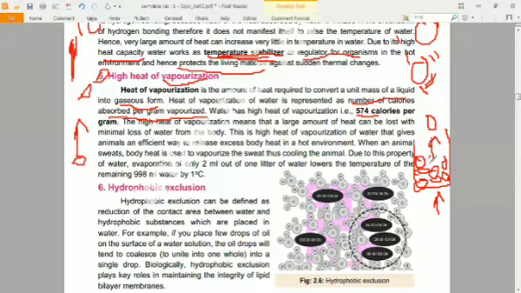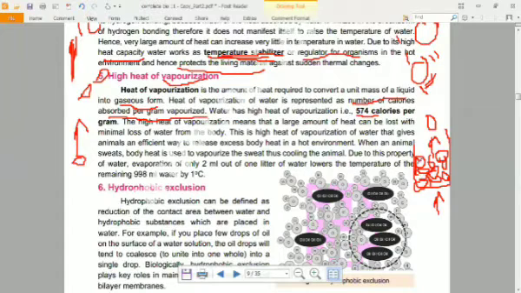These are the layers of water molecules. First they will get heat energy, their kinetic energy starts to rise, and they start to move, so they break the hydrogen bonds. Then they get more energy and move upward.